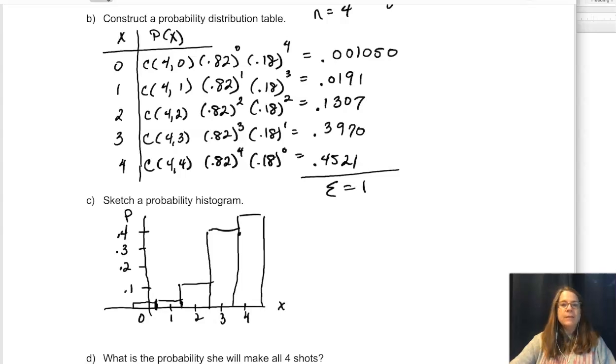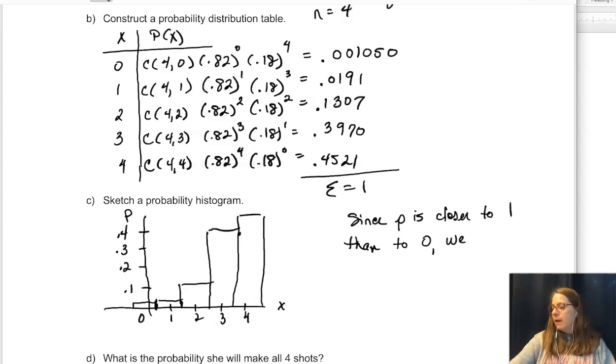Notice that towards the end of my histogram, where the values of x are larger, the bars are much taller. They have a higher probability of occurring. And this makes sense when you understand what the bars represent. Since the probability of success is so high, it's closer to 1 than it is to 0.